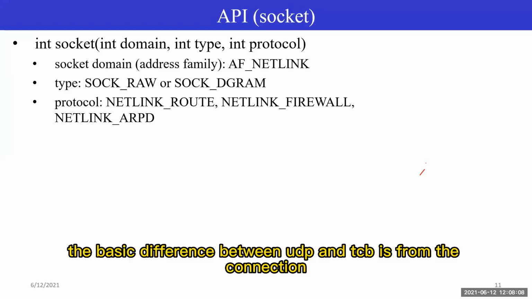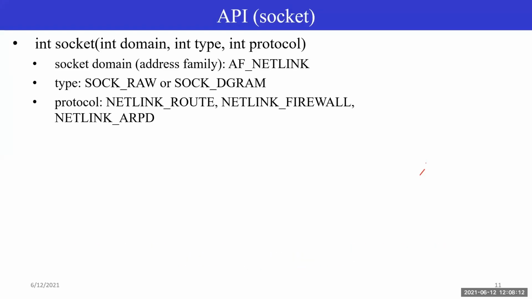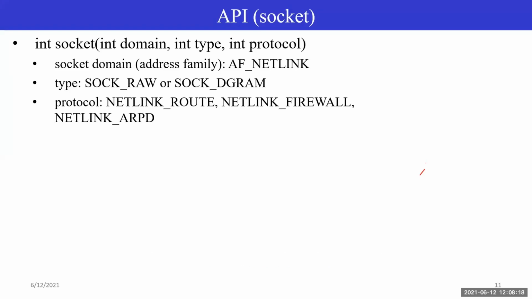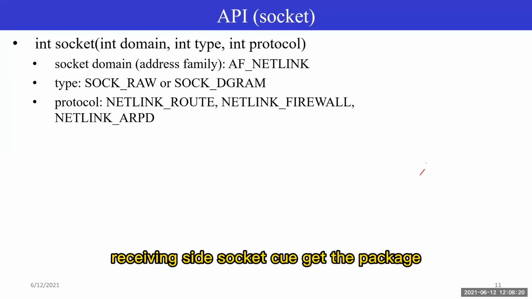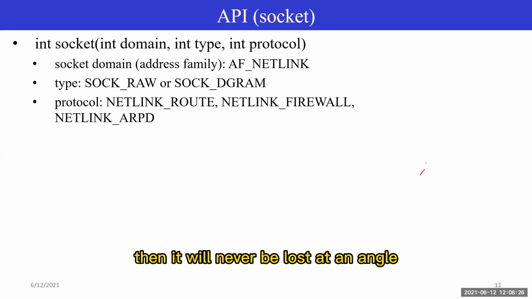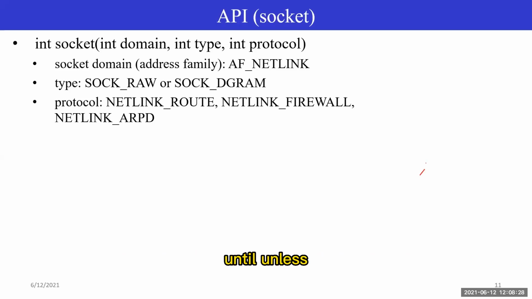Right. The basic difference between UDP and TCP is from the connection or from the network point of view, not from the socket queue point of view. If the receiving side socket queue gets the packet, whether that's TCP or UDP, if it is in the queue, then it will never be lost until and unless the socket queue is overflowed. That's a special case.